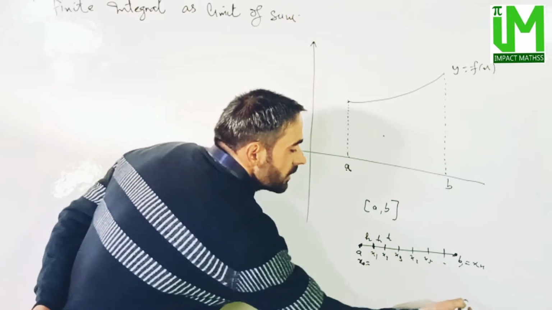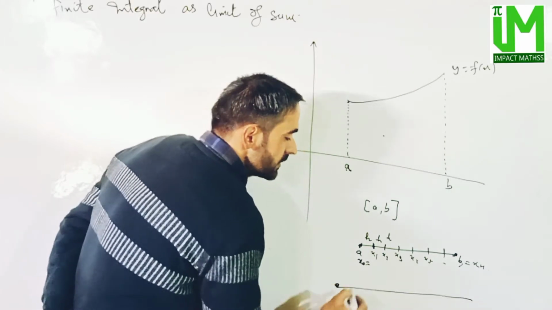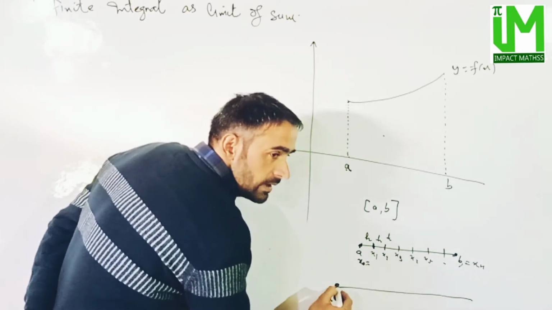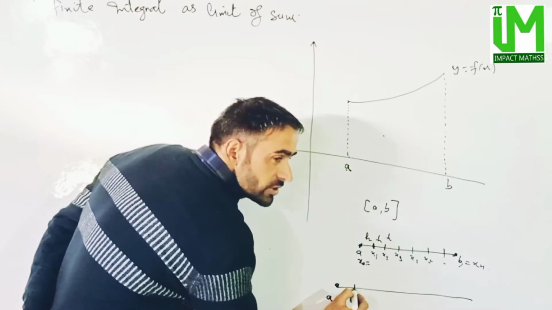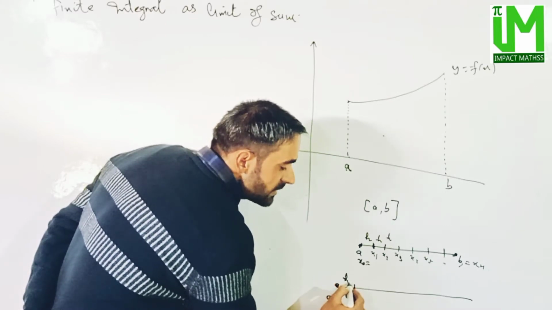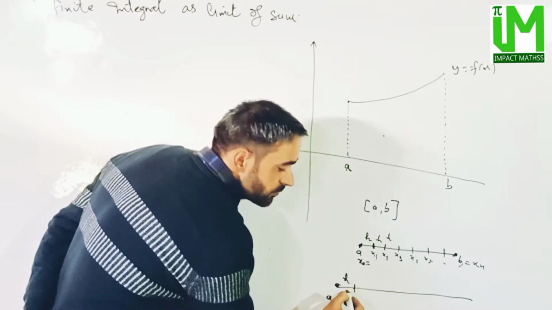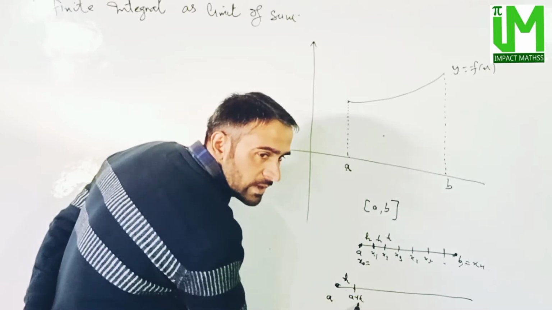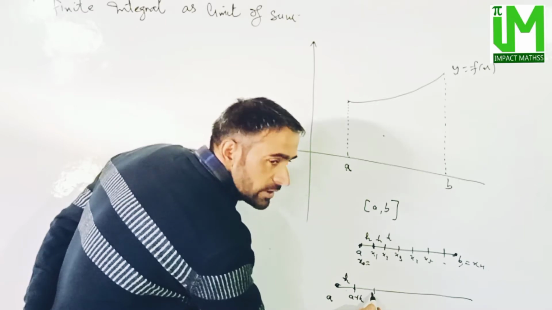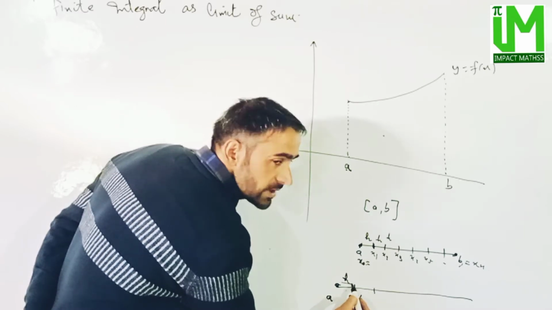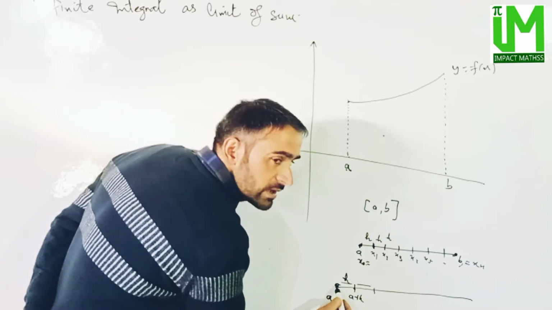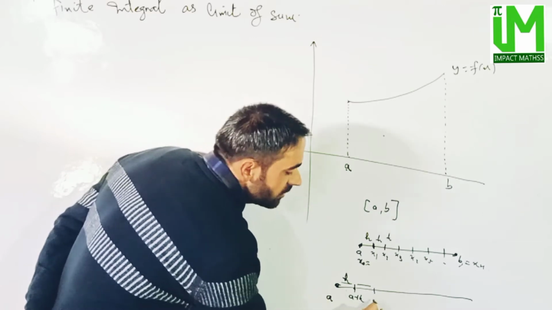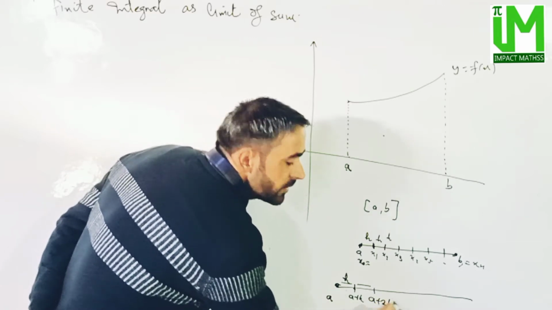Now if we have a here, this is a. To get the next point we add the length h. What is this point now? It will be a plus h. Adding h again, it will be a plus 2h.